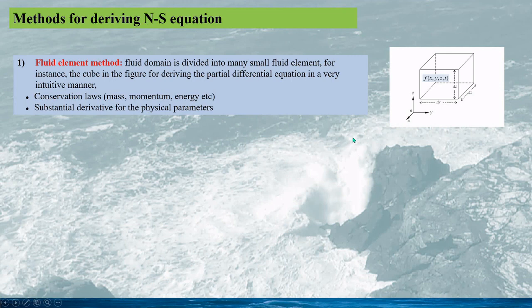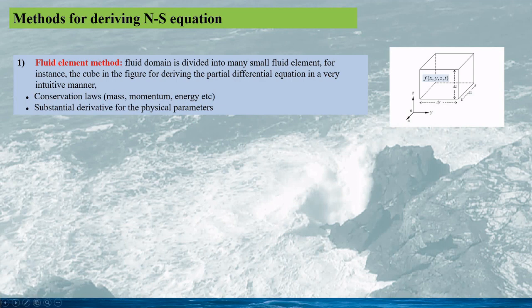Based on the conservation law, we can build the dynamic equation for the fluid element in a very intuitive manner, but the substantial derivative must be used, since the physical parameter f would be a function of the independent spatial variables x, y, and z, and time t.